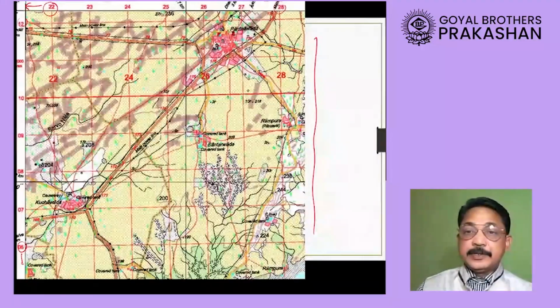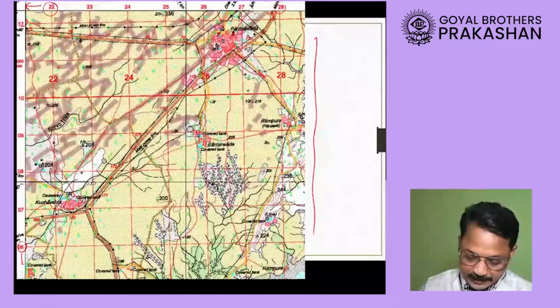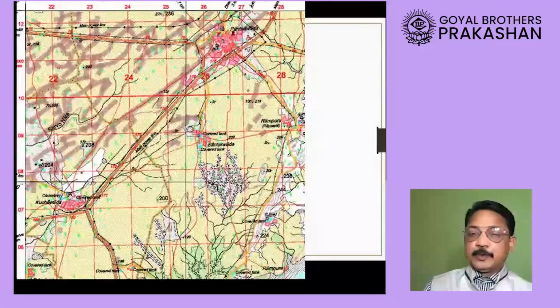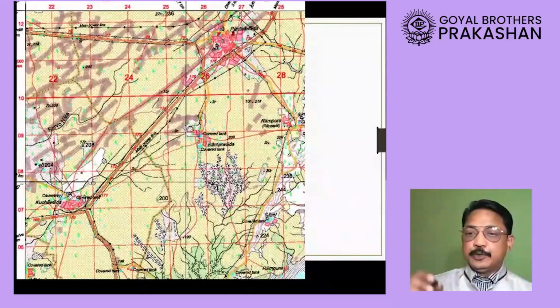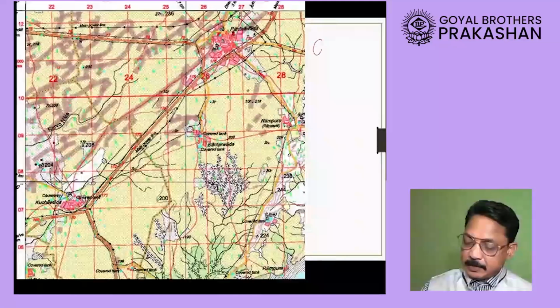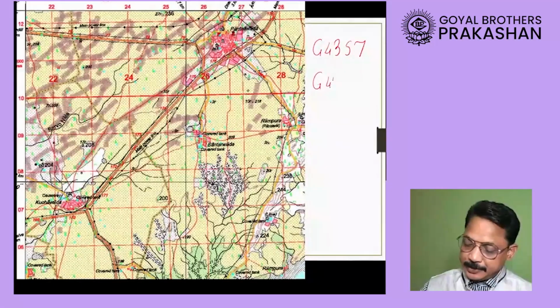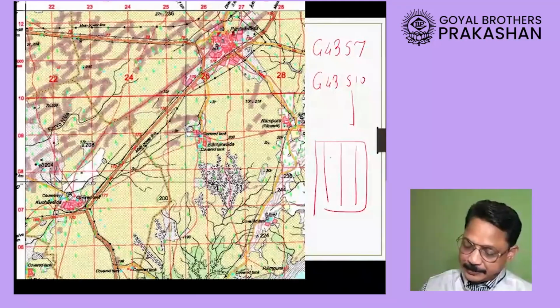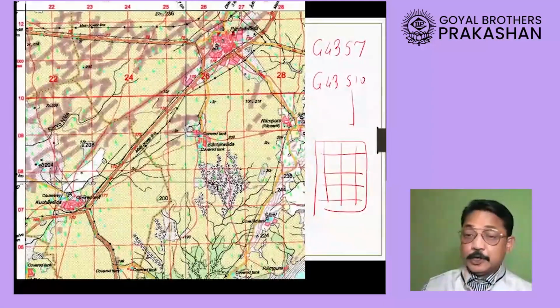So please remember, the part that you are seeing of a topo sheet is only a part of a huge topo sheet which we call by the name G43S7. Similarly, we can take G43S10, and these topo sheets themselves are further divided into many eastings and many northings.